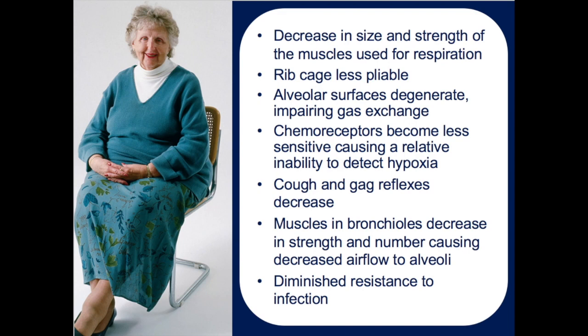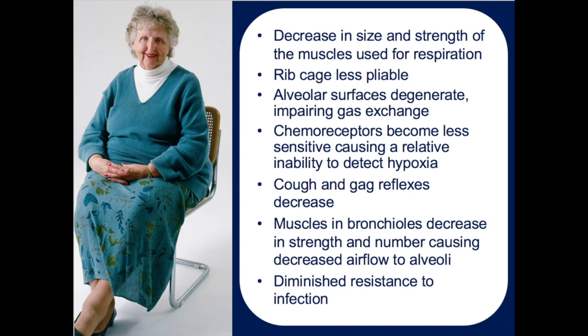And then on top of that, the number and strength of smooth muscle fibers that support the smaller airways also decrease. So not only is your rib cage less pliable, but the muscles that you want to use to compensate for that, you have fewer of them and they're not as strong.